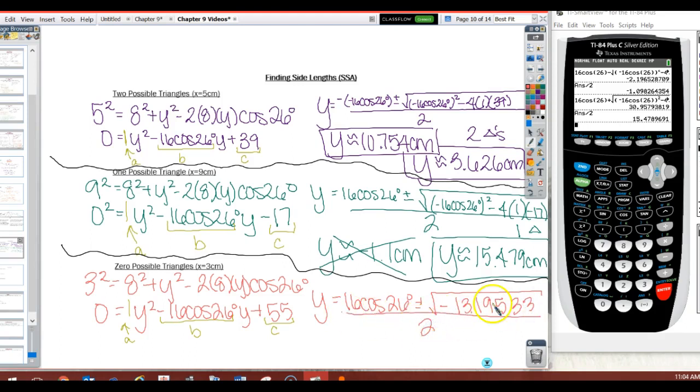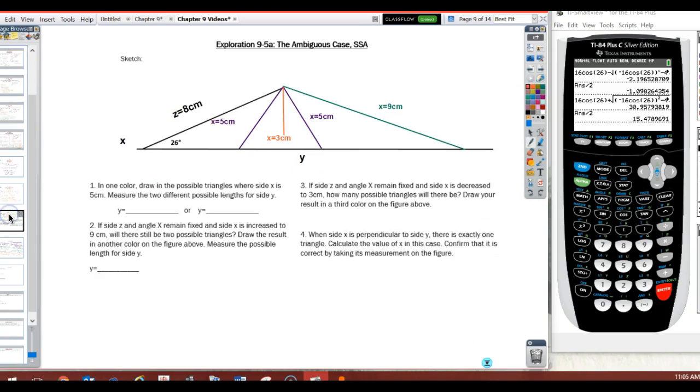So instead of typing this all into my calculator, which you would get an error anyways, just simplifying what's underneath the radical is negative, which means we're going to have no real solution. So since this is negative, that means that we have no possible triangle. So there aren't values of y that we can find, and again this matches what we already knew from the sketches that we made in class.